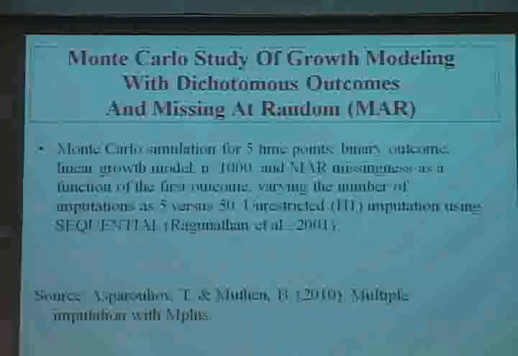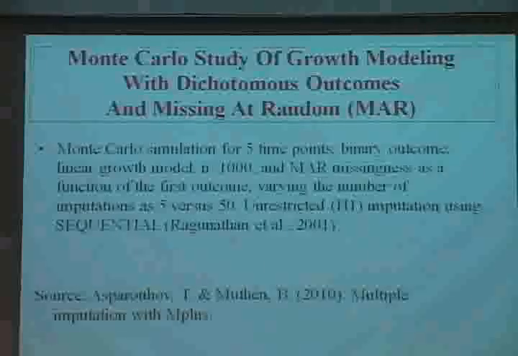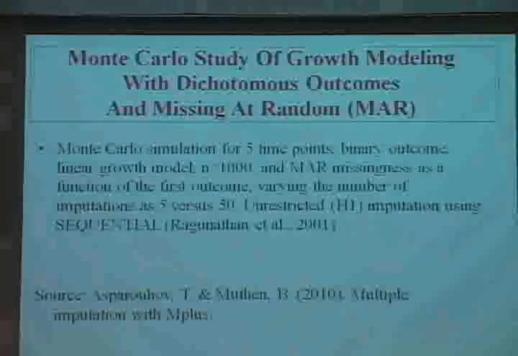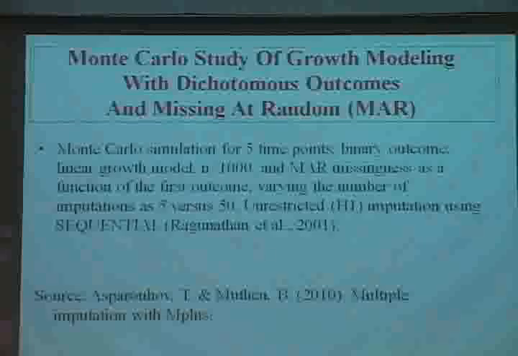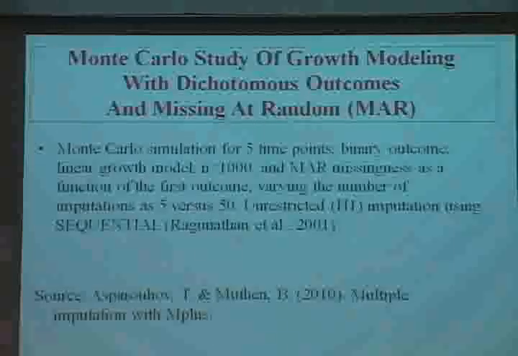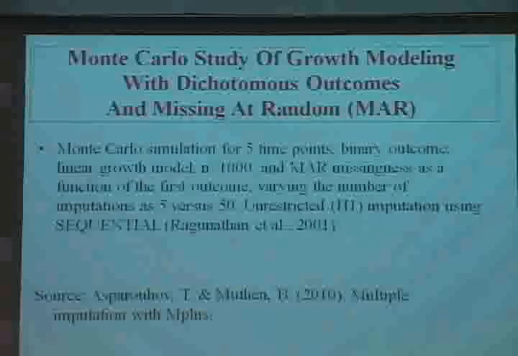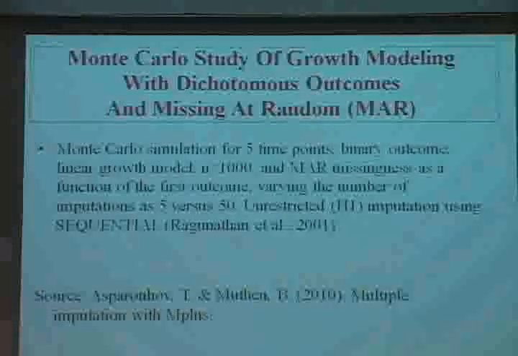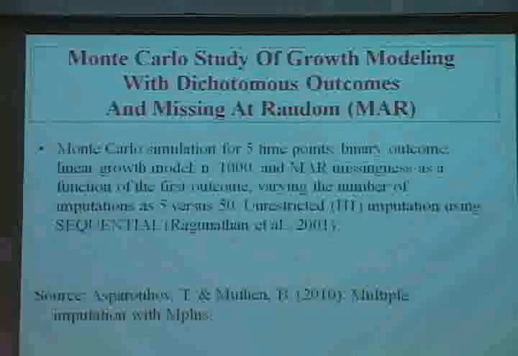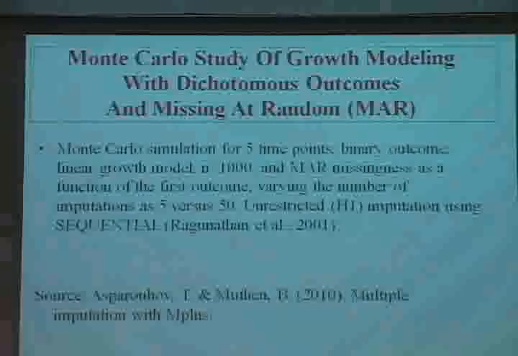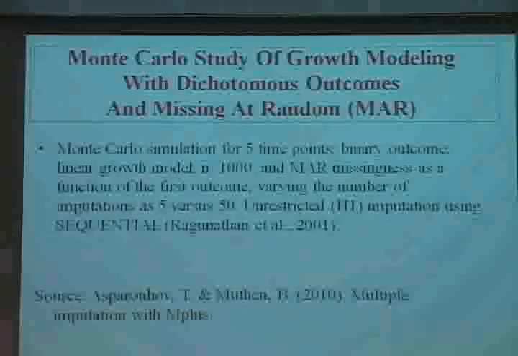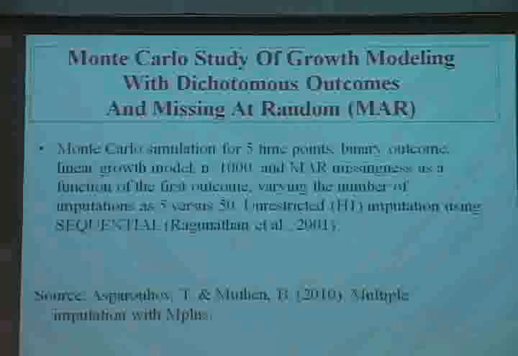It's a Monte Carlo feature, and it gives you a model that decides whether an observation will be removed as missing or will stay there. The three types of missing data we talked about, missing completely at random, missing at random, and missing not at random, can be generated in Mplus, and you can see the effect of each type of missingness.